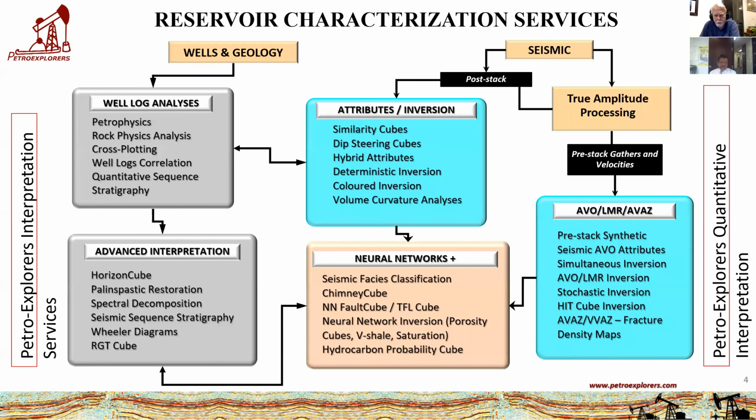What services do we provide? We specialize in the quantitative side and the attribute side, that is, interpretation services and quantitative services. Quantitative includes AVO, LMR, Azimuth-AVO, and various inversion types in the pre-stack domain as well as the post-stack domain, with a bunch of attributes, dip steering, deterministic inversion, various colored inversion, and we're coming into neural networks.